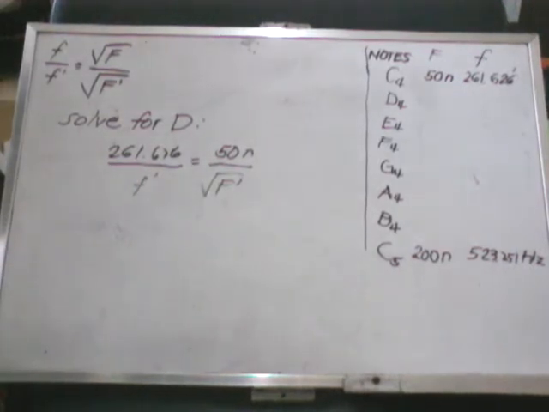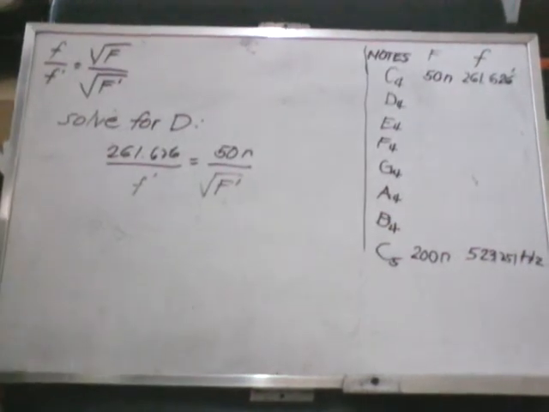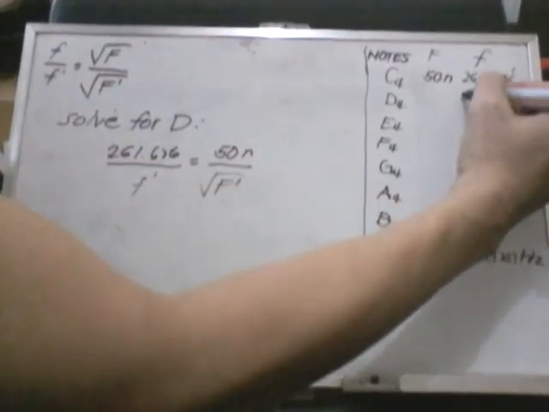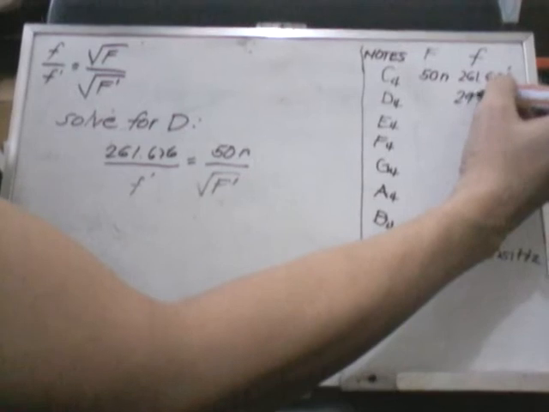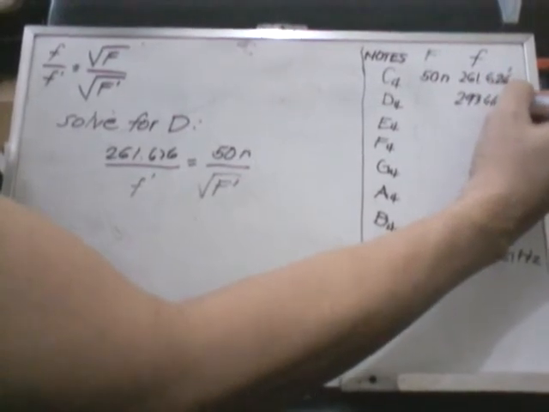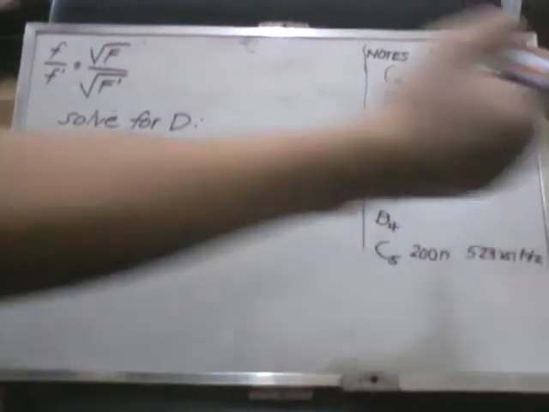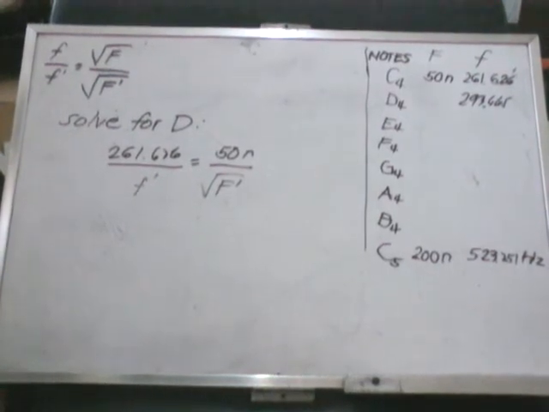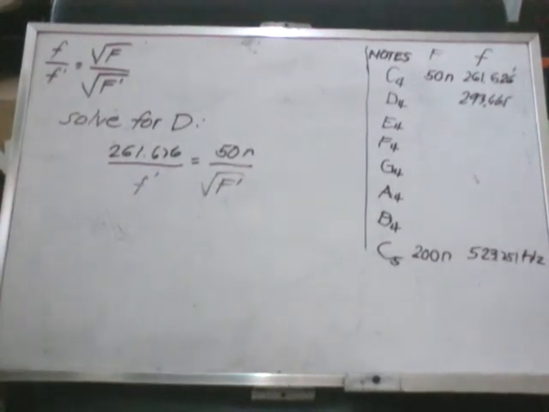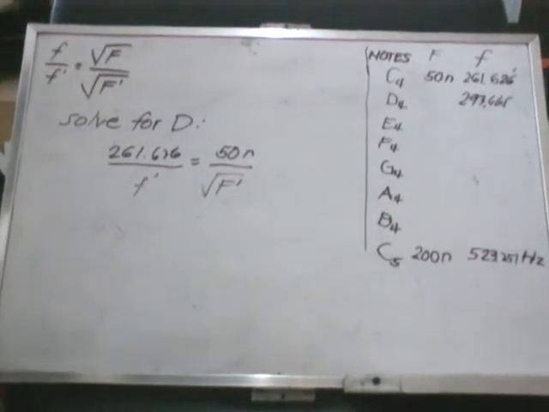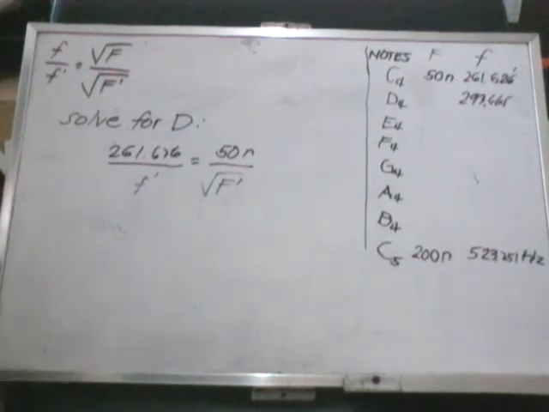So we write it down. Now we have 3 data available for us.